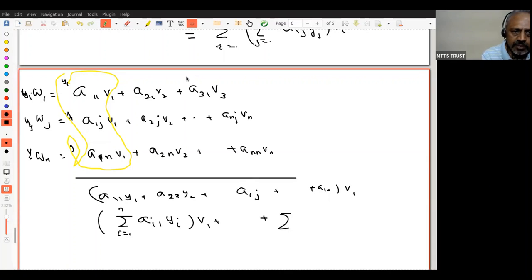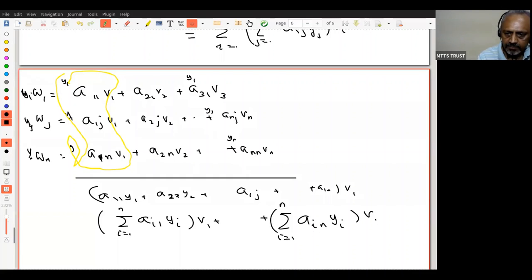And what will the nth element be like that? Again, I am going to multiply by y1, yj and yn. So that will be a31 y1, anj yj, ann yn. Therefore, it is exactly the same form: the summation over i equal to 1 to n of ain yi times vn.